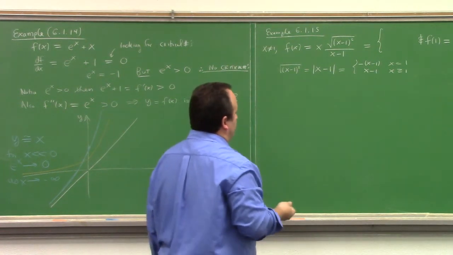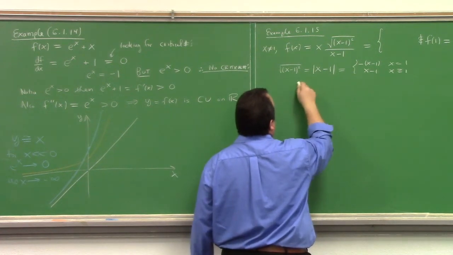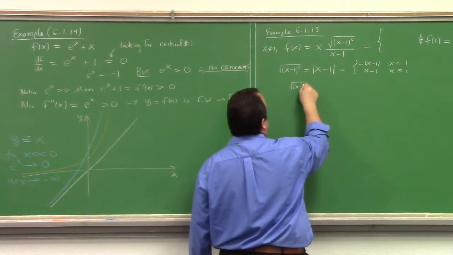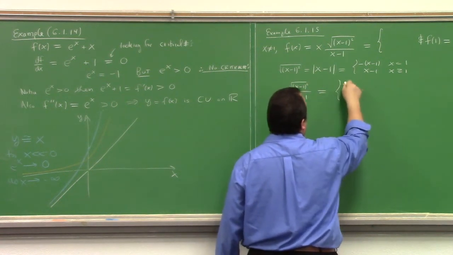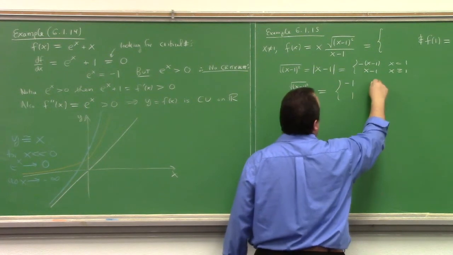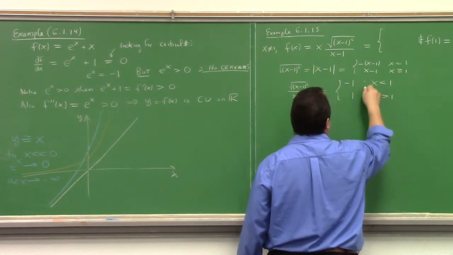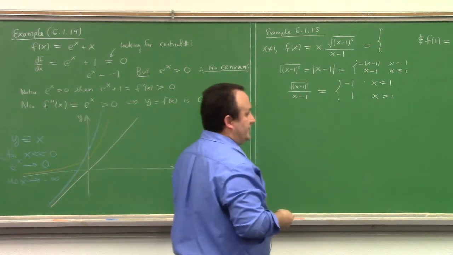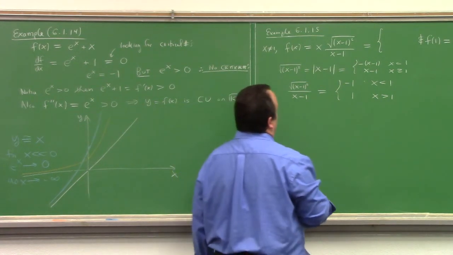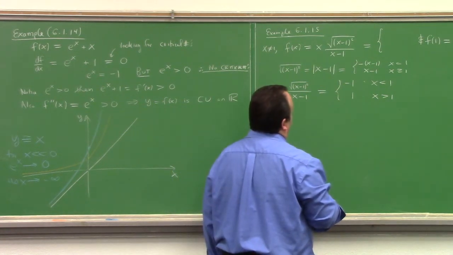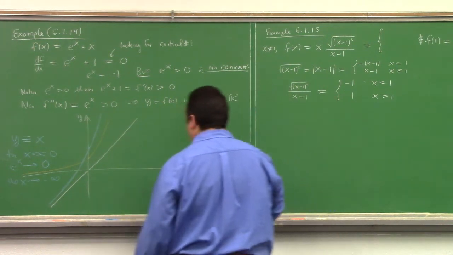So my point to you is just that if we look at the square root of (x minus 1) squared over x minus 1, this is either equal to minus 1 or 1, for x less than 1 or for x greater than 1. So as I unravel the formula, let me write it down here.